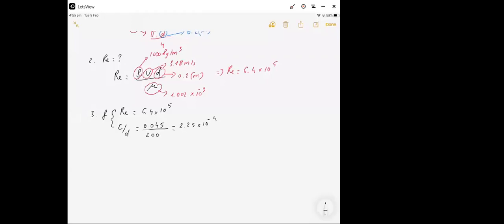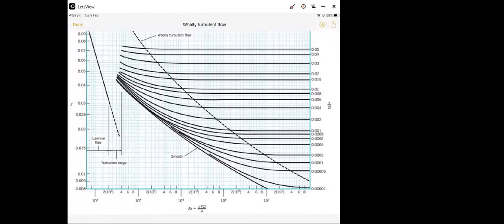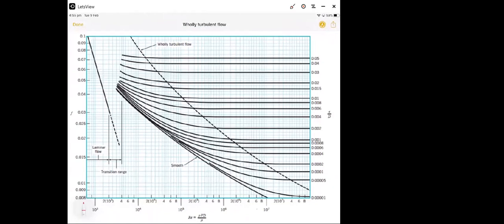So now the Moody diagram. We have Reynolds number 6.4 times 10 power 5. Here is 6, 10 power 5 here, so 6.4 will be here.